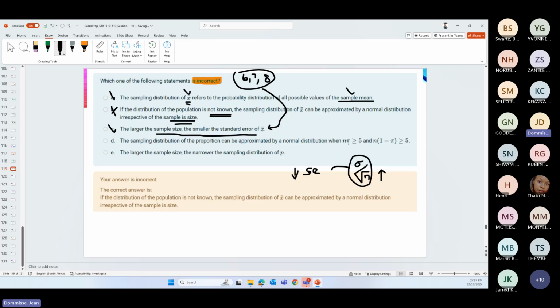Okay, and the normal distribution, this is the mean. Remember, the mean is n times the pi, or whatever the probability was, and then your variance is n times pi times 1 minus pi.